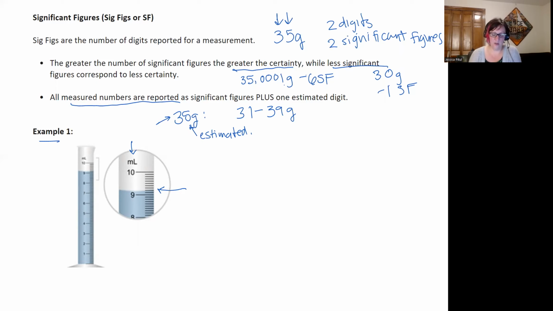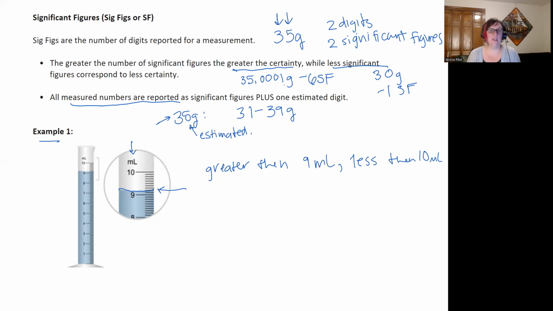It looks like the volume of the liquid is greater than 9 and it's less than 10.